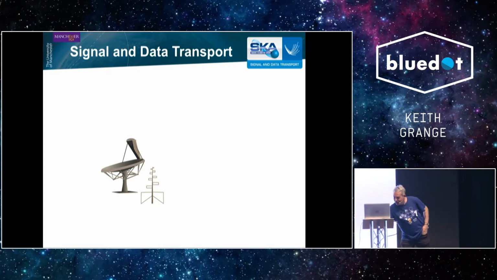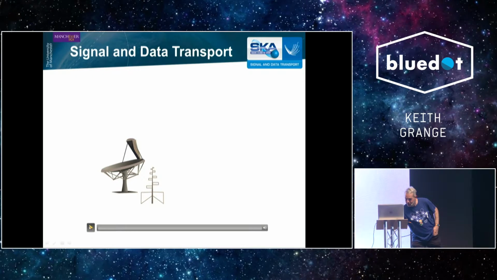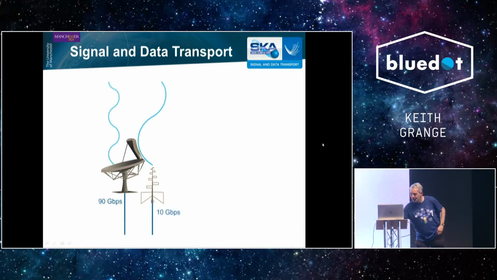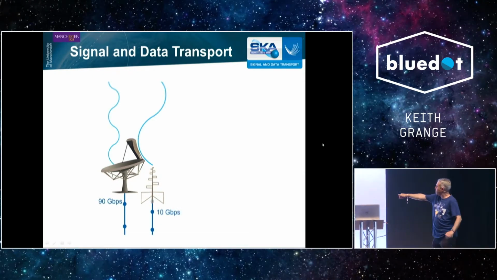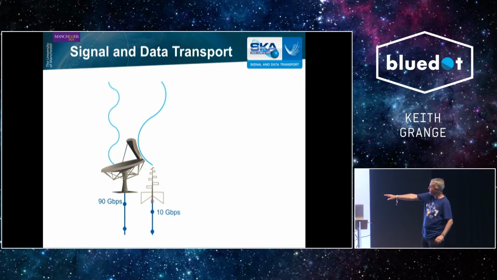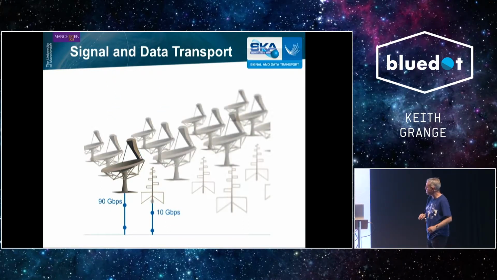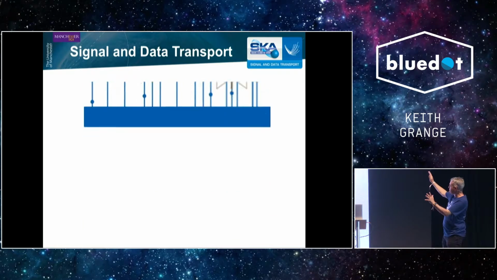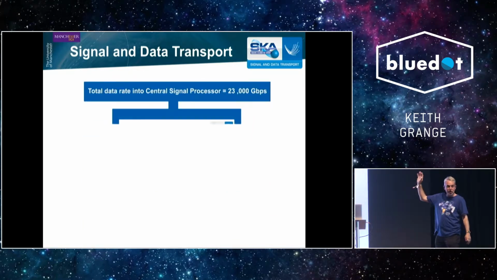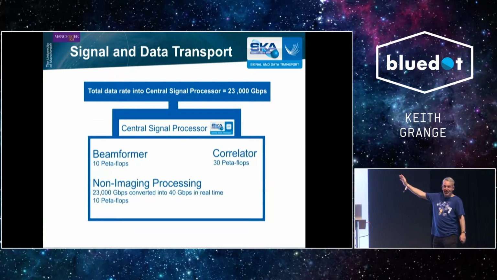So what do we have to deal with for the SKA? Well, we've got our 2 different types of telescopes producing 90 gigabits a second and 10 gigabits a second, but we've got really rather a lot of them. And so we have roughly about a third of an internet coming through the desert to a central building where we do lots of processing work in a correlator and a beamformer.